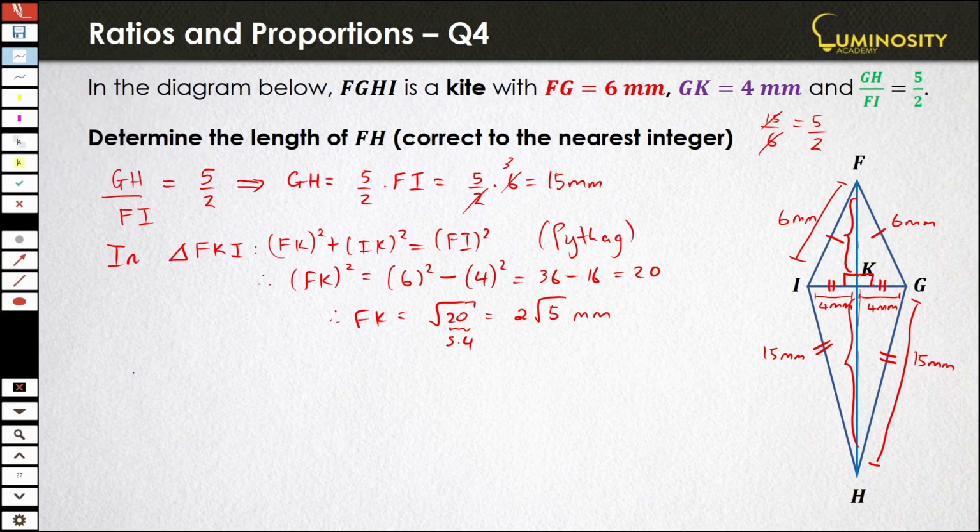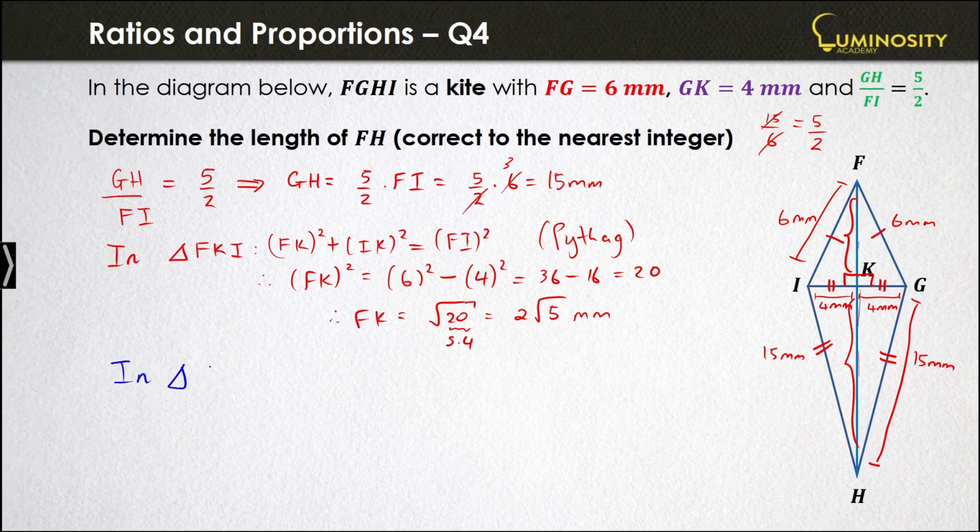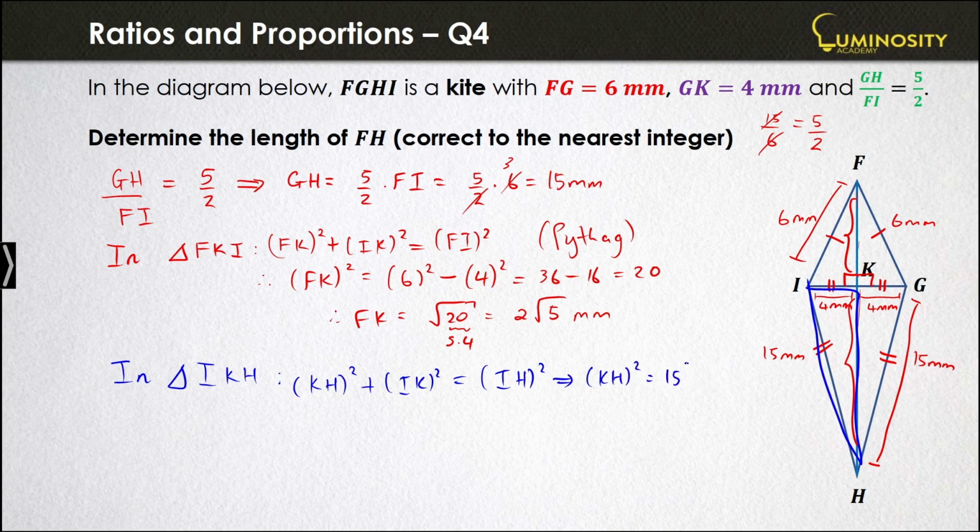Then in triangle IKH, this right angle triangle here, we have that KH squared, the length we're looking for, plus IK squared, the base there, is equal to the hypotenuse IH squared. So this implies that KH squared equals IH squared, which is 15 squared, minus IK squared, which is 4 squared.